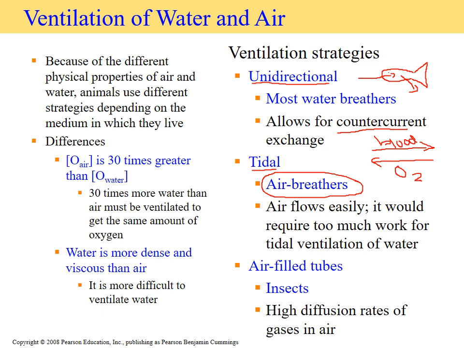We will also see that certain insects, as well as some spiders, will utilize a tracheal system. This tracheal system is specialized in that it has a tubing setup that is able to interact directly with the air in the atmosphere and the hemolymph fluid that's floating around within the internal body of the organism.